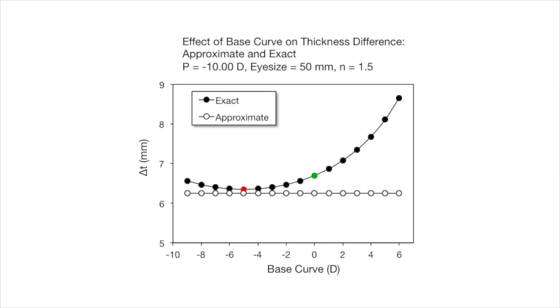So what this tells us is that when we're dealing with high prescriptions, there's a premium on keeping the base curve relatively flat. And indeed, in general, steepening the base curve will increase the thickness and the weight of the lens.